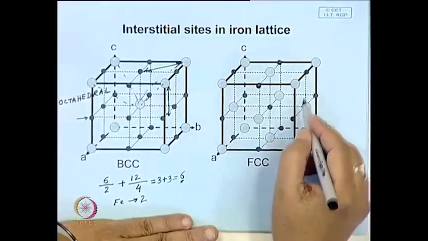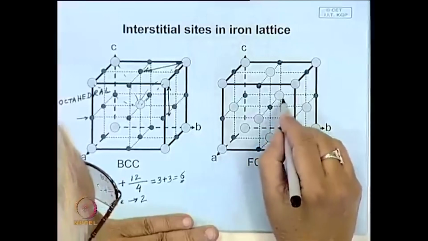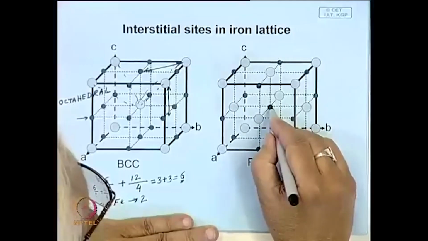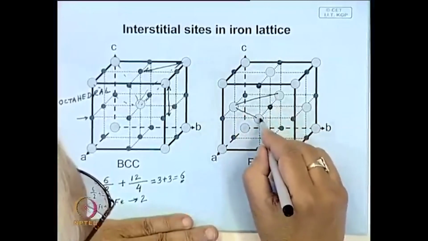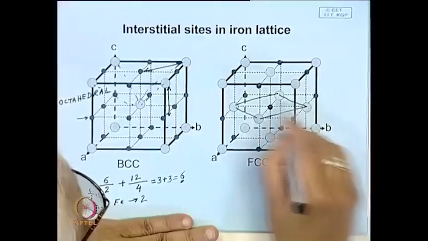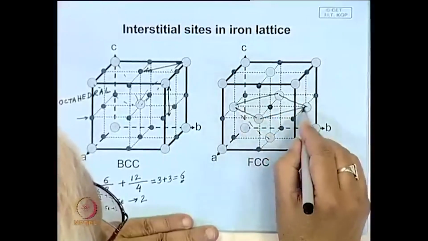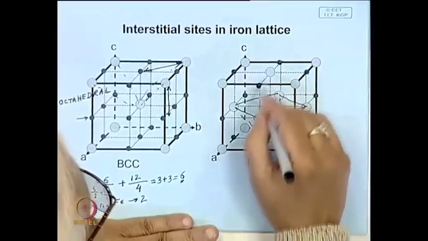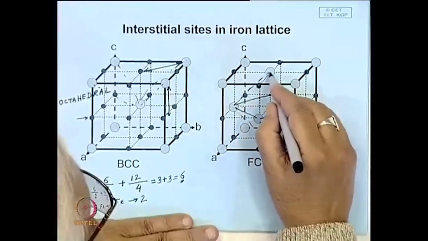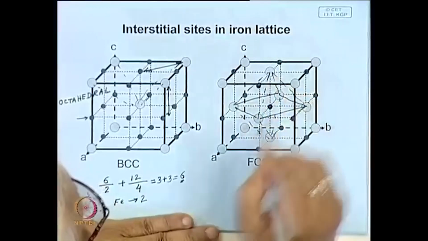And here if you try to join and make this octahedron, this is the center of that octahedron, you can join this and similarly this, and you get an octahedron.